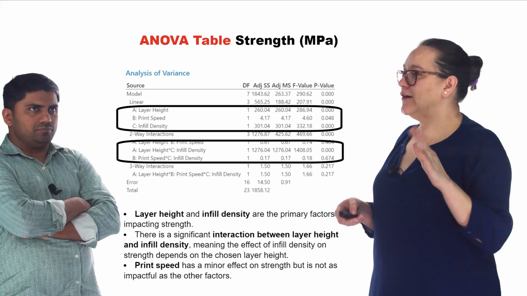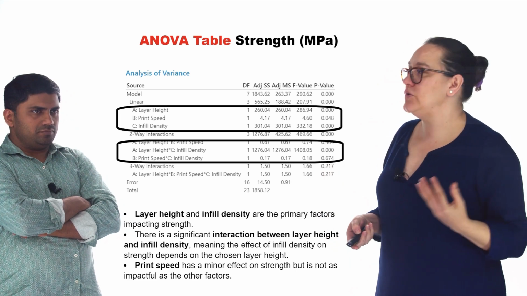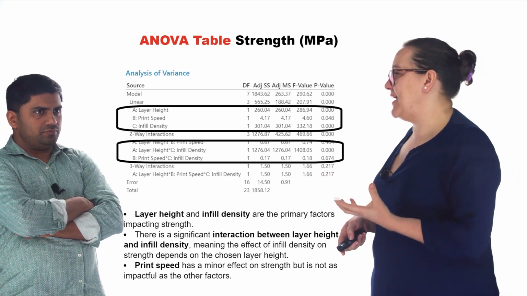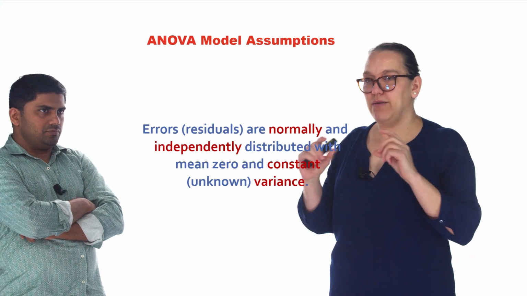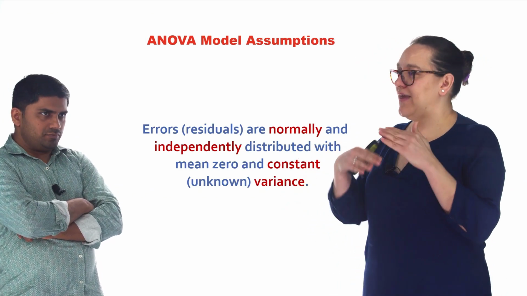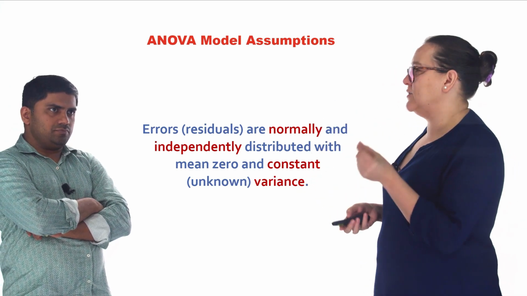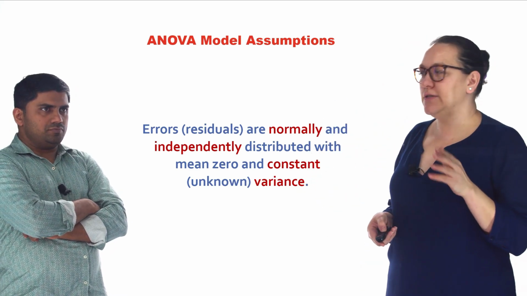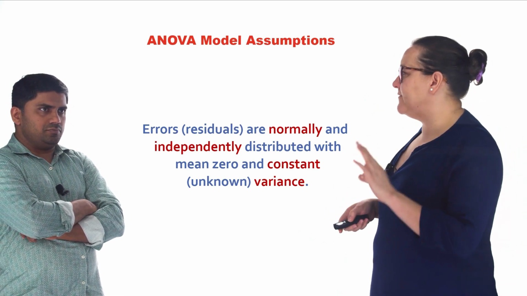However, before finishing and making all the conclusions, it's important to know that all these statistical tests have some assumptions. When we do the test, we make a model, like a regression model, to represent the data, then we compare with the true value, and we have a difference. That's called the residuals. If we are using Minitab or some other software, it will generate some plots of these residuals.